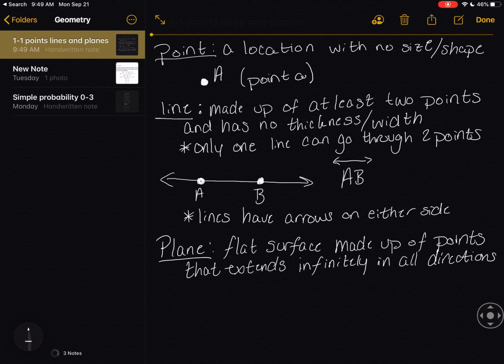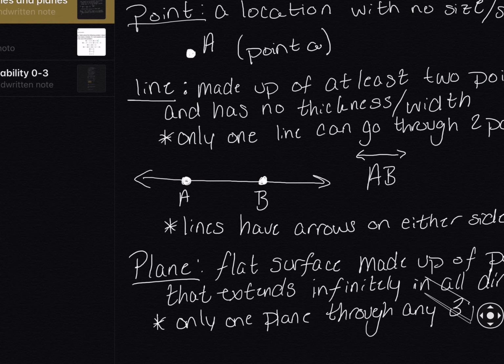So note there is only one plane through any 3 points.